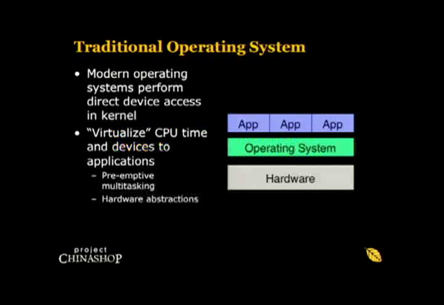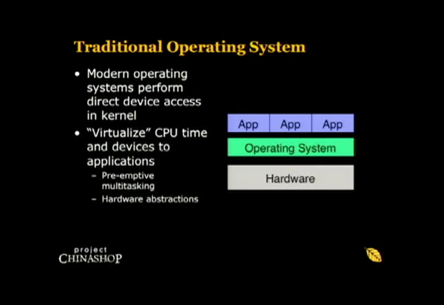All right, so a little background on how virtualization works. If you look back maybe 20 years to modern operating system design, the whole idea was the operating system kernel was a virtual layer between the apps and the hardware.